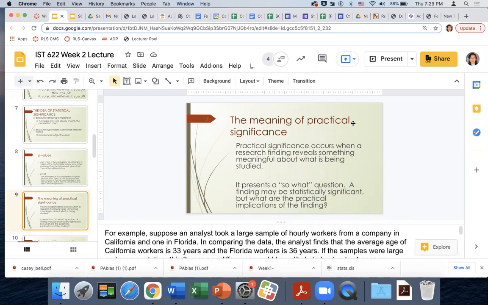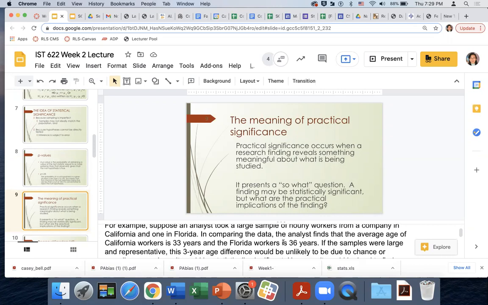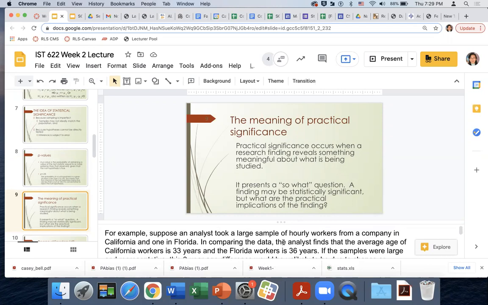Sometimes if you have a large enough sample size, it's probably pretty easy for you to find a statistically significant difference. For example, this example is comparing the hourly workers from a company in California and another company in Florida.